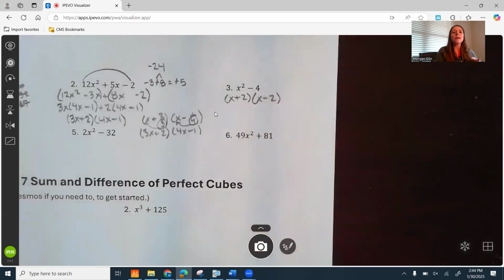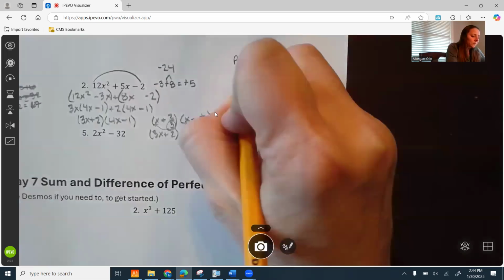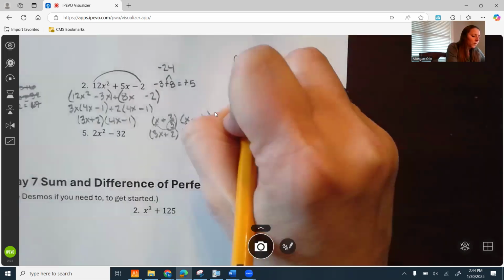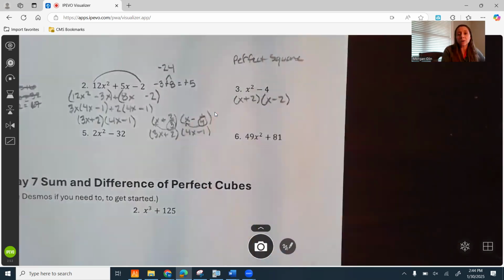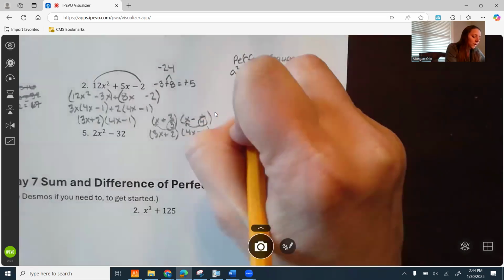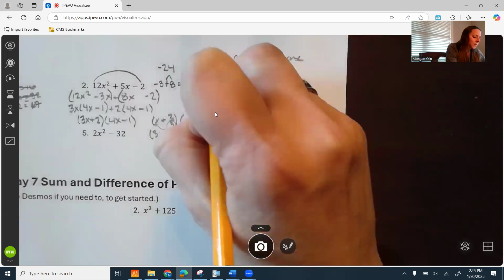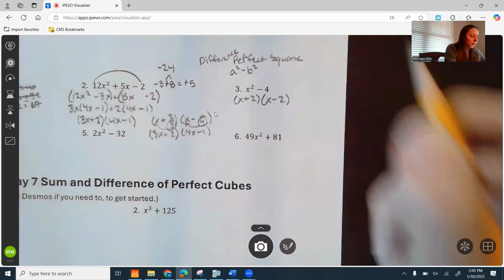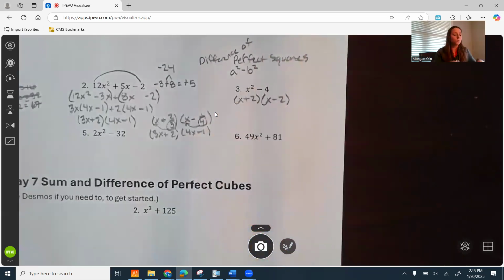Now this is a perfect square. If you remember perfect square factoring, you have to recognize perfect squares. I'm going to write a squared minus b squared, and it's actually a difference of perfect squares. Difference because it's minus. This only happens when it's minus.